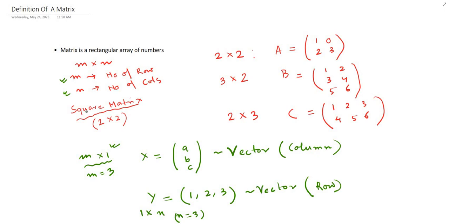So I think up to this it is very clear. We discussed what is a matrix and what is a vector. Whenever there is a dimension equal to 1, it can be row, it can be column, it can be m, it can be n. Whenever there is dimension 1, that will be a vector, and if it is like this, then it's a column vector. If m is 1, then it's a row vector. Okay, clear up to this? Fine, thank you.